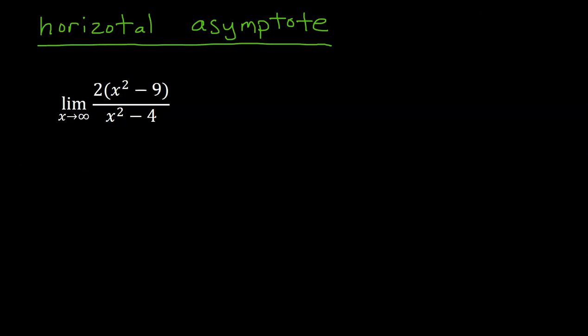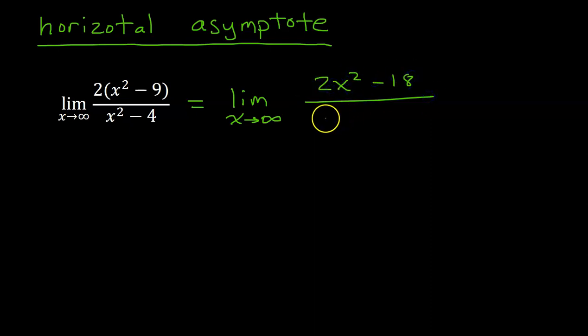horizontal asymptote. That's just going to be the limit as x approaches infinity of the function. So this is just a rational function. So I'm just going to distribute to make it more clear. This is 2x squared minus 18 over x squared minus 4.